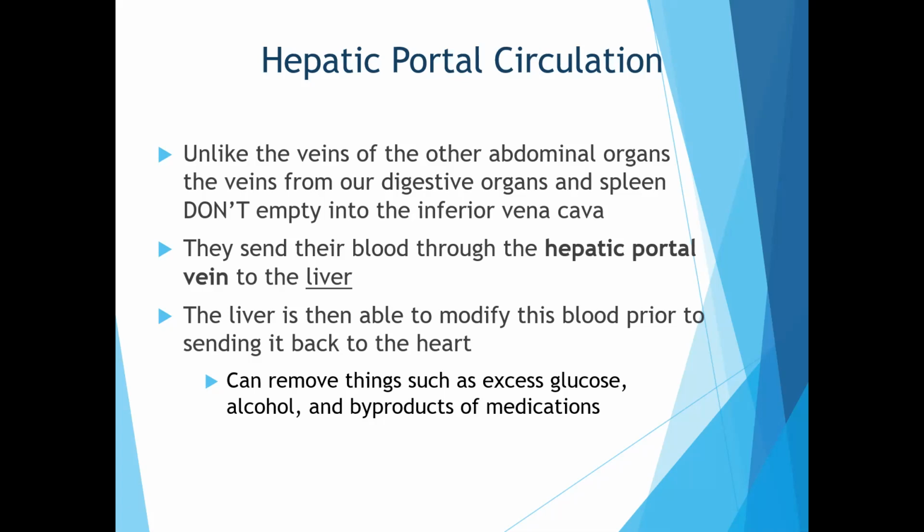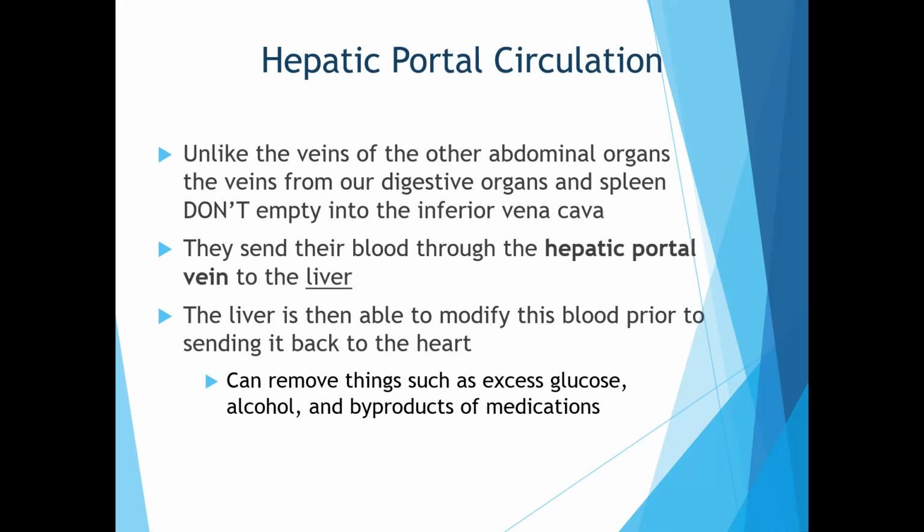Our liver is really important as a filtration and cleaning system for our blood. It modifies the blood before sending it all the way back to the heart. It removes things such as excess glucose, alcohol, and byproducts of medications.